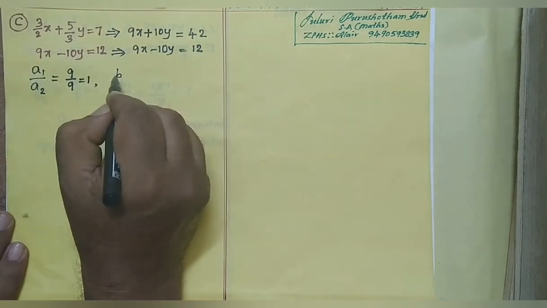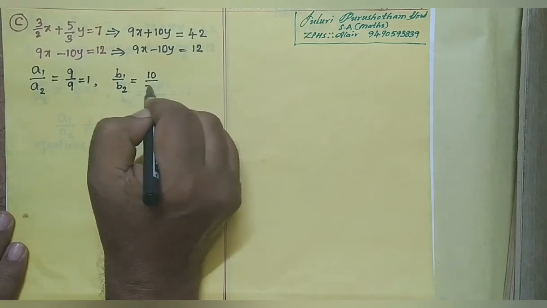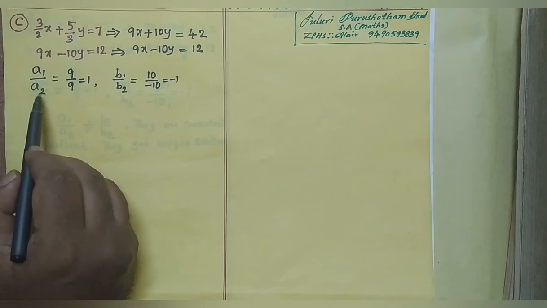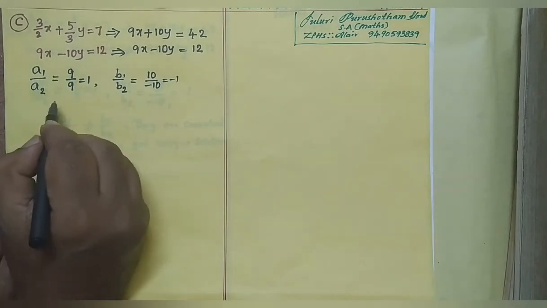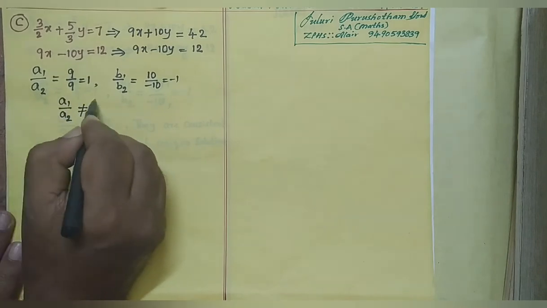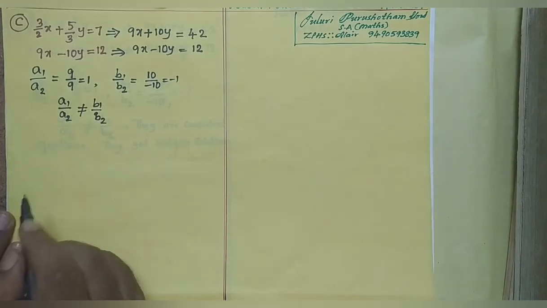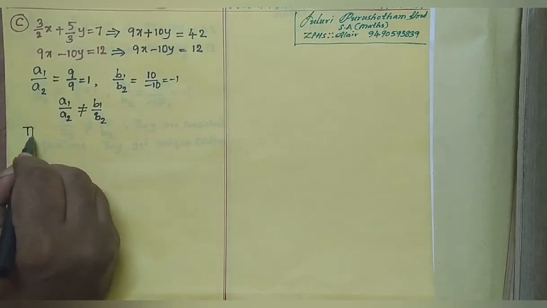And next b1 by b2, that is 10 by minus 10, we get minus 1. So what happens, children? a1 by a2 is equal to 1, b1 by b2 is equal to minus 1. So we understand that a1 by a2 is not equal to b1 by b2. When a1 by a2 is not equal to b1 by b2, the given equations are consistent equations.